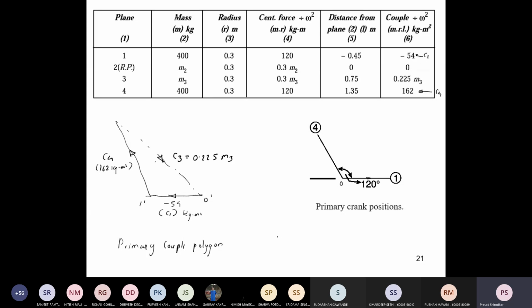Measure that and find out M3 and theta 3. When measuring theta 3, you have to take this as the positive axis and measure this angle. So this is your theta 3.